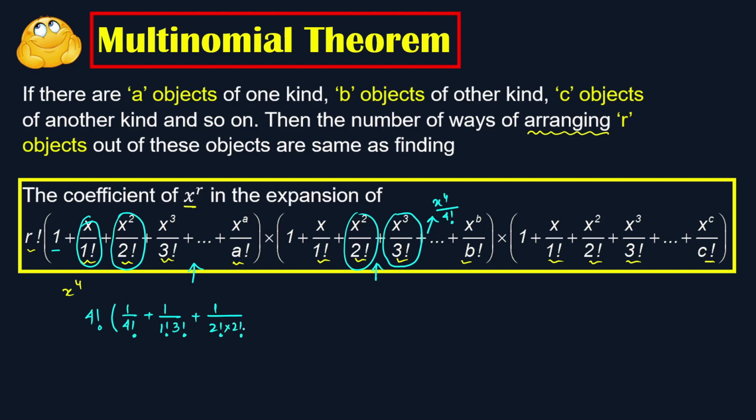And again, when this is multiplied with this, the coefficient will be 1 by factorial 3 into factorial 1. And one more we get from here: the next term is x to the power 4 by factorial 4. When this is multiplied with 1, the coefficient is 1 by factorial 4.